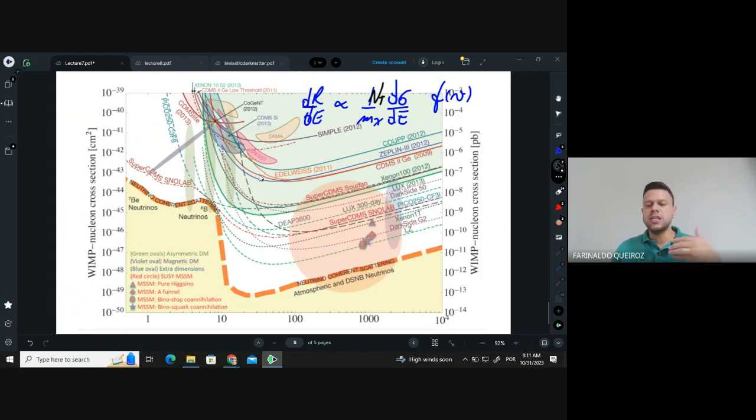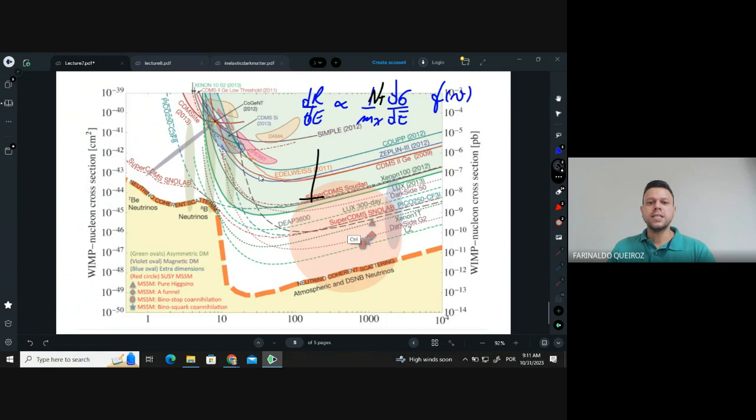For this reason only, you see that these detectors which have limits way down here, that's happening simply because they went from one fiducial volume to the other. We're just increasing the fiducial volume of the detector. So that's why you can move down by scaling up the fiducial volume.